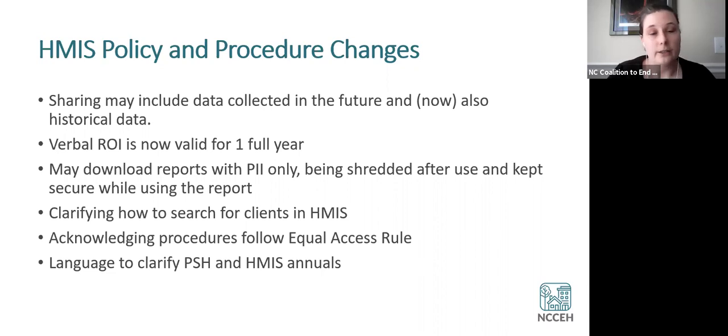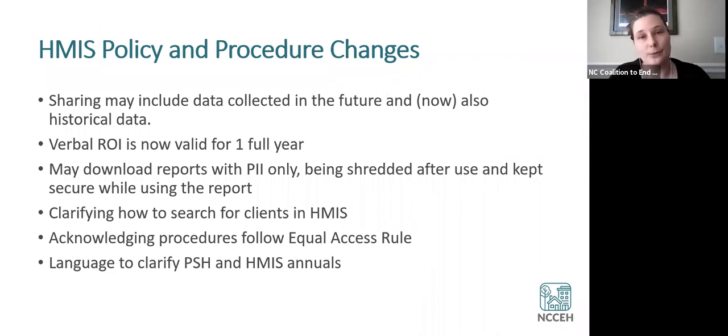And then lastly, we clarified some language to distinguish permanent supportive housing annual reviews, which review eligibility and income in particular, versus our HMIS annual assessments. These annual assessments are required annually as well, but on a slightly different calendar.